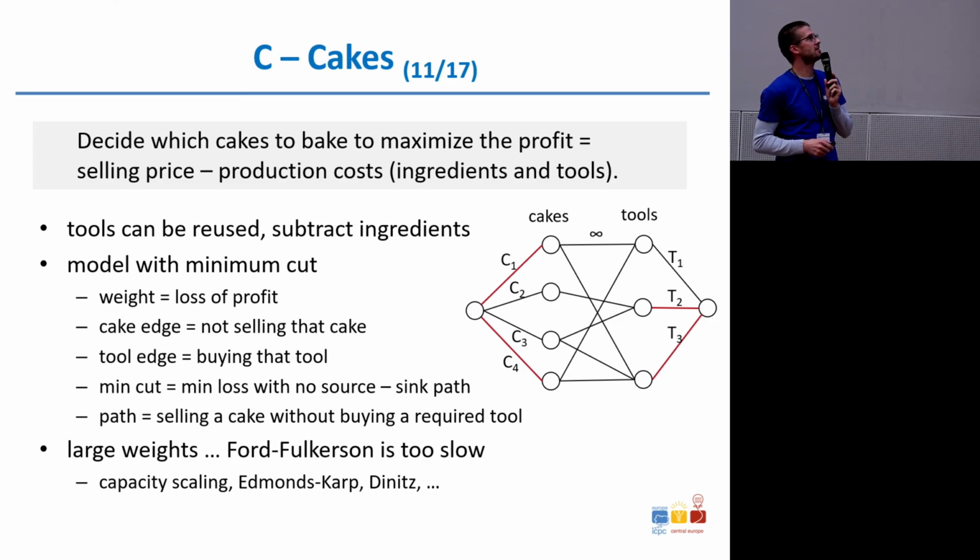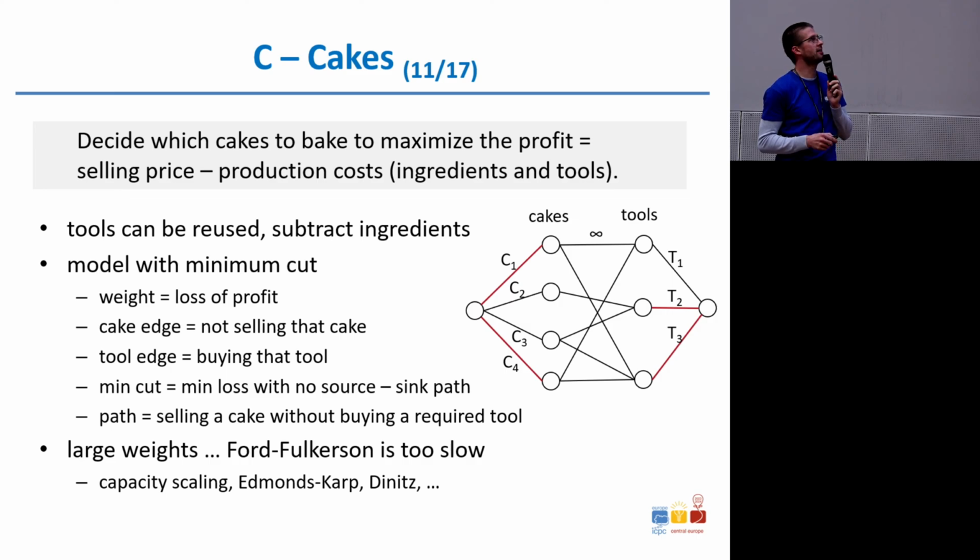We can model this with a graph and look for a minimum cut. So why does this work? We'll take one set of nodes that will represent cakes and the other set that will represent tools. And the weights on these edges will correspond to some loss of profit. And these intermediate edges have infinite weights.